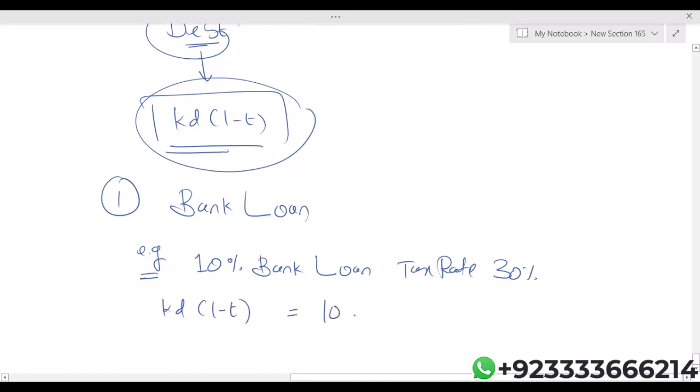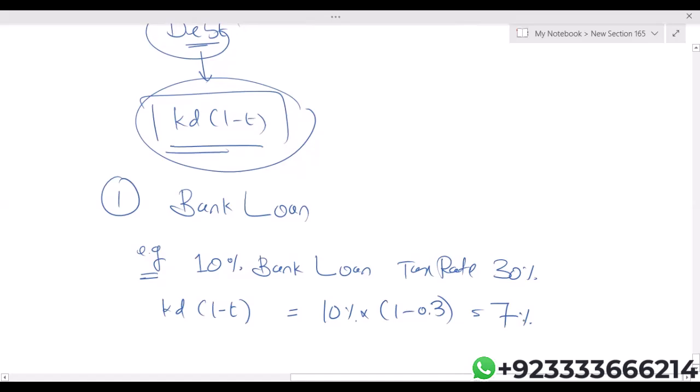Just take 10% times 1 minus tax rate. So your final answer is going to be 7%. So in case of bank loan, just take the percentage of interest on bank loan and multiply that with 1 minus T. You will get KD1 minus T.